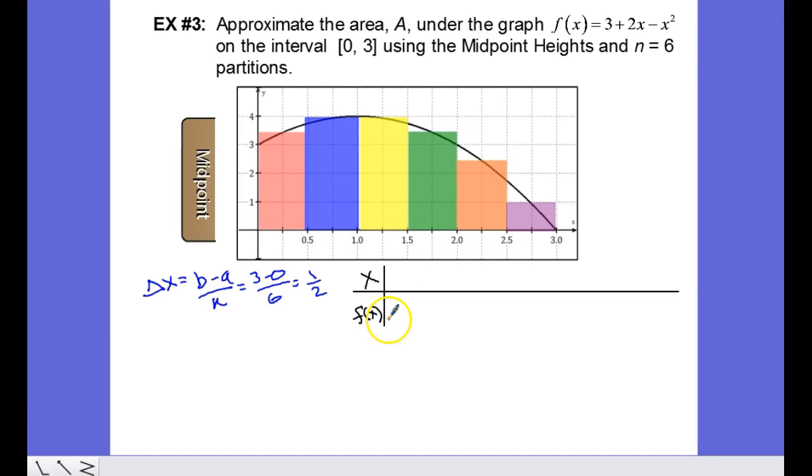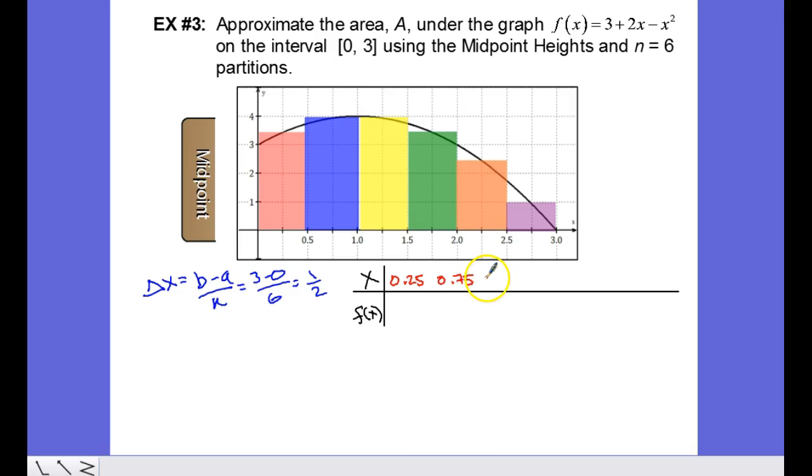So what are the x values that I'm going to be using? Well, it's going to be 1/2 times the width of the rectangle plus my previous x value. So in this case, my previous x value is 0, and half of 0.5 is 0.25. So 0.25, and then the next one is 0.5 plus another 0.25, which is 0.75.